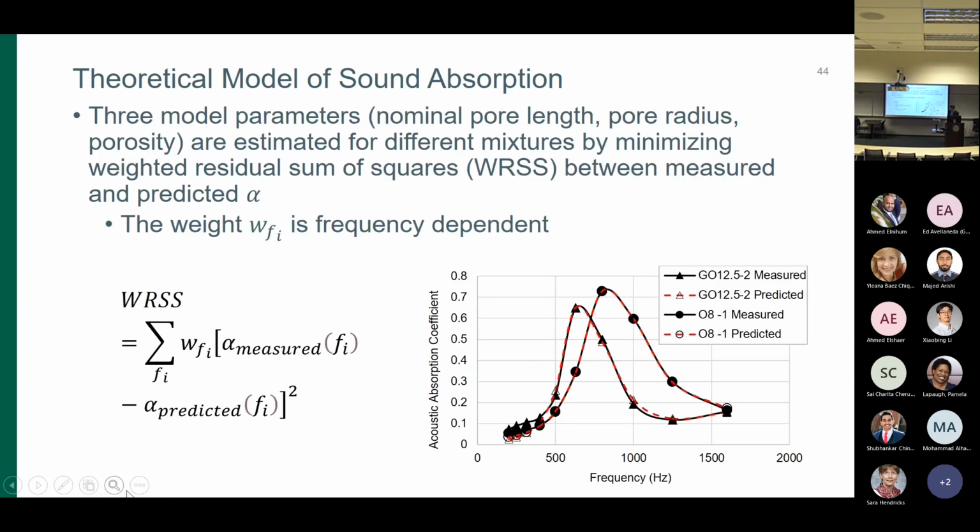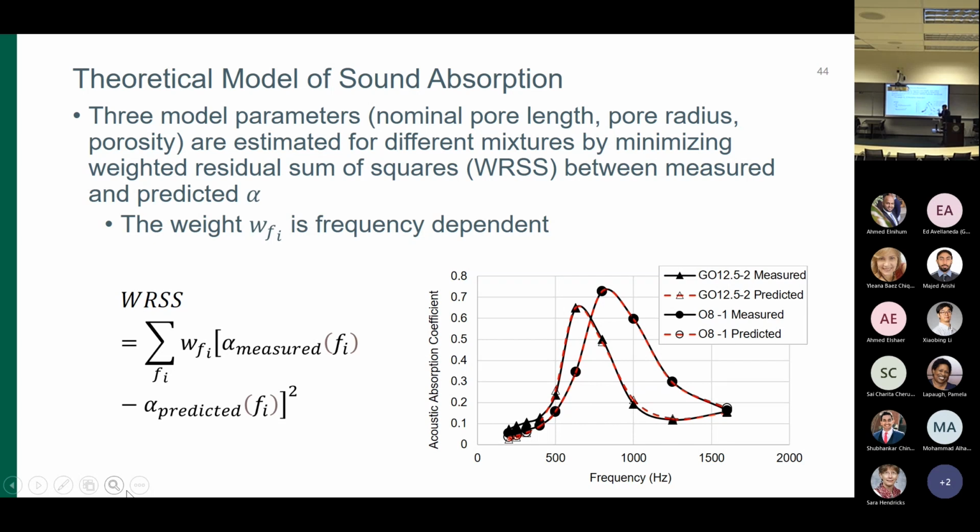And what we do is we prepare porous asphalt specimens with different aggregate gradations, with different binder contents, and with different thicknesses. We measure the sound absorption using the impedance tube, and then we use that model to predict the sound absorption.